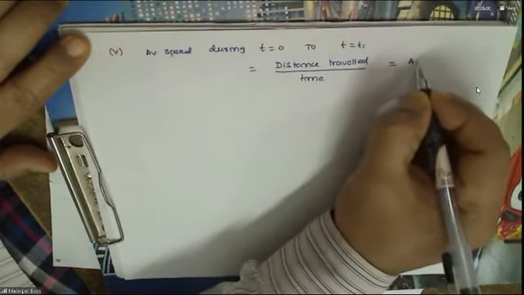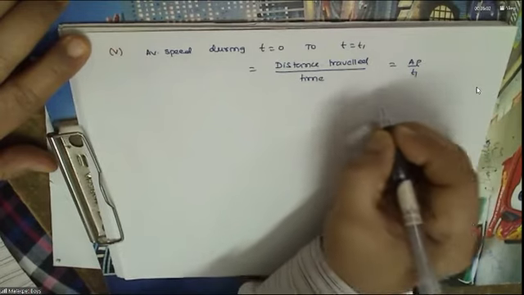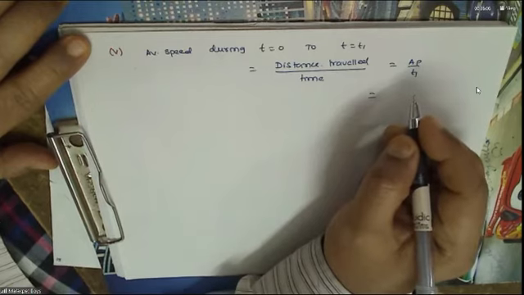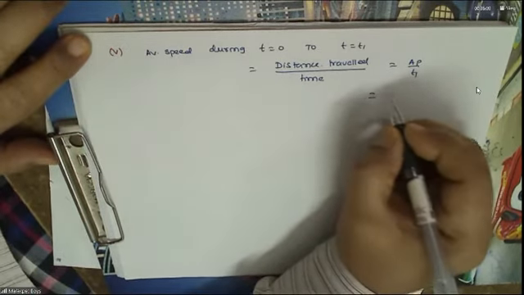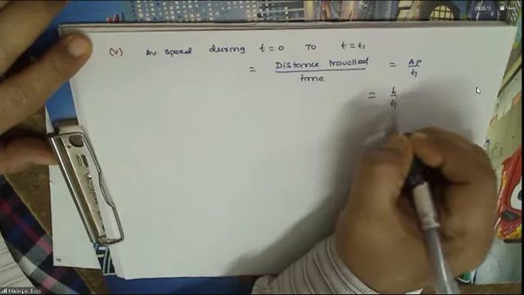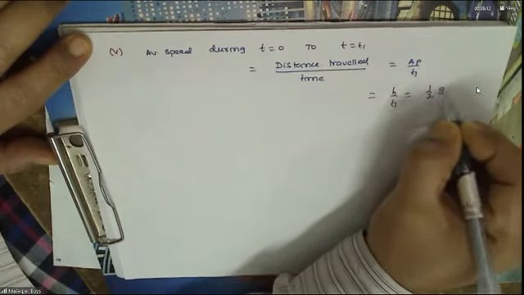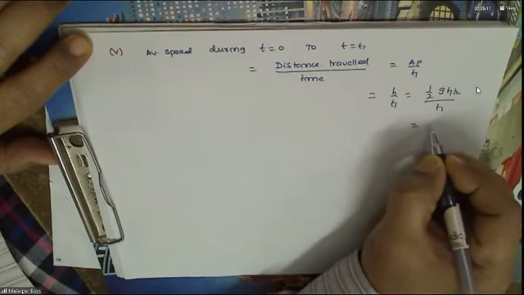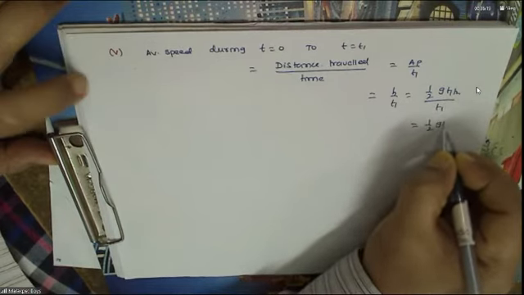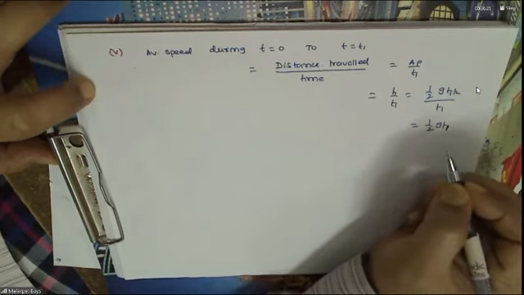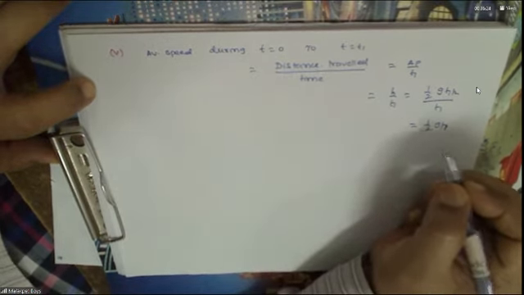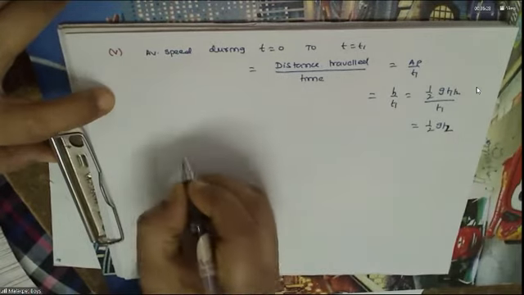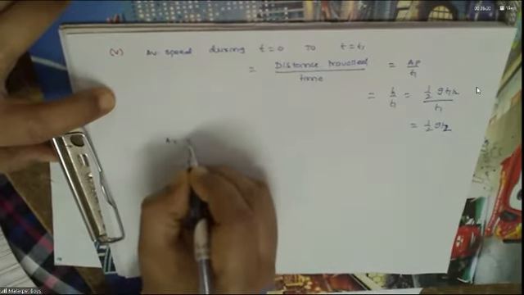This is nothing but AP by T1. This is nothing but what you just got for AP. How much did you get? g by 2 H, T1 T2. H by T1, half g T1 T2 by T1. How much do you get? Half gT2. Agreed or not? Okay. Even average velocity also.